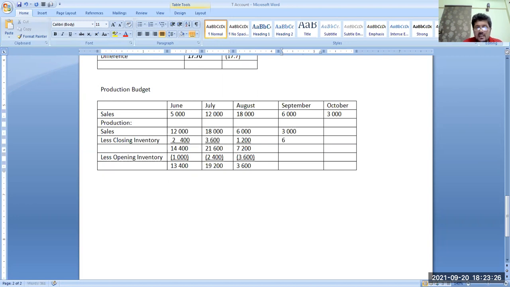It's the closing inventory. So it means total production is how much?